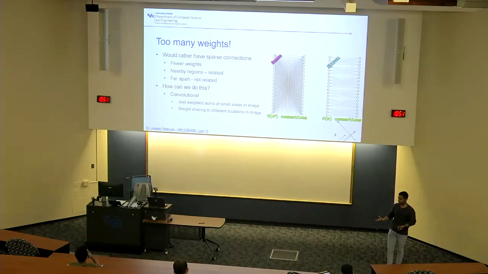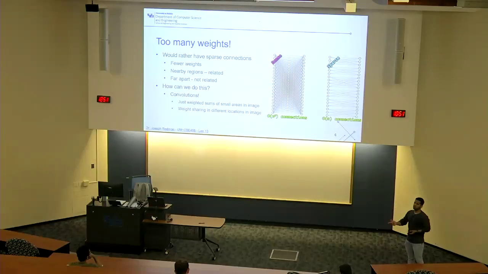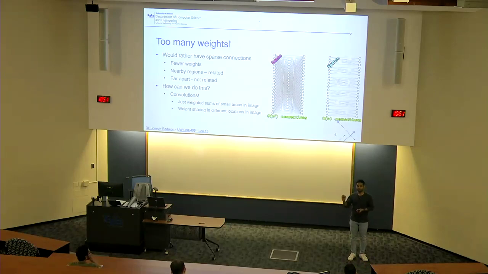So each time you apply the filter to a region in an image, you're taking a weighted sum of that entire region, and that same filter is applied to the entire image. So this does two things. If you're using a single 3x3 filter, that's 9 values, 9 weights that you're applying to the entire image.